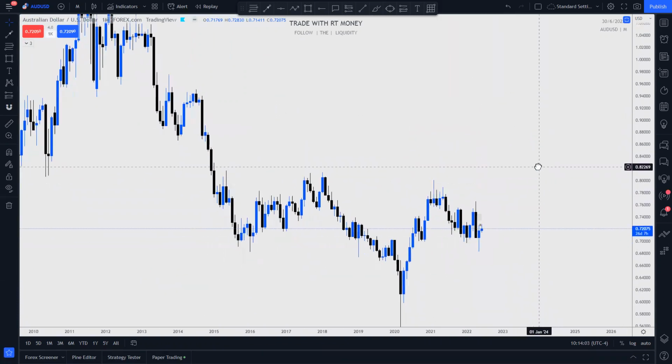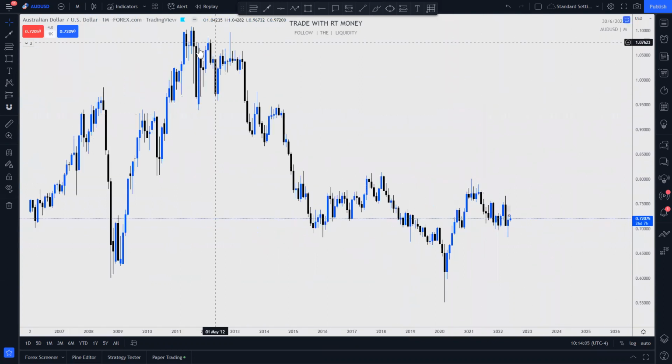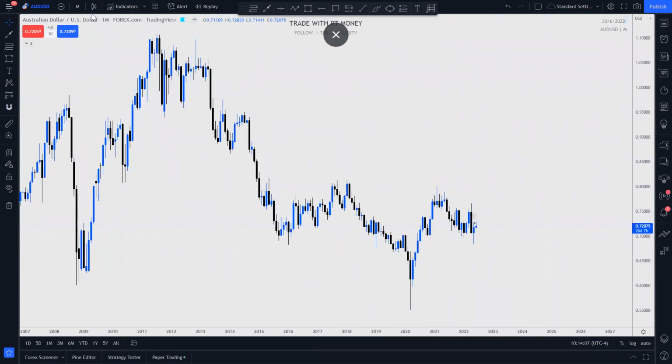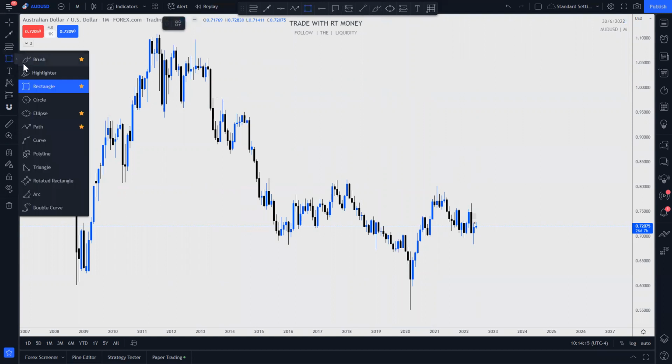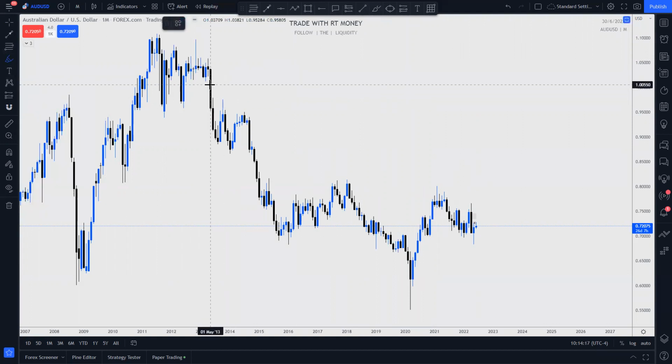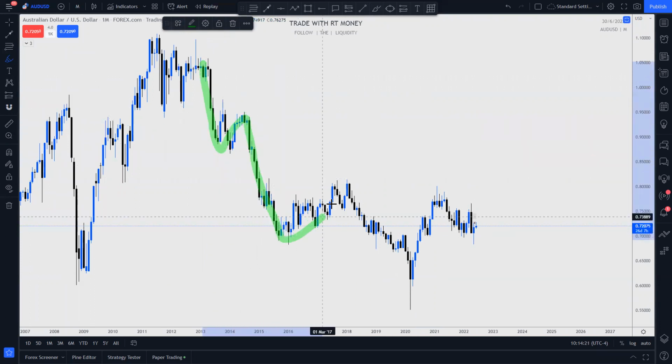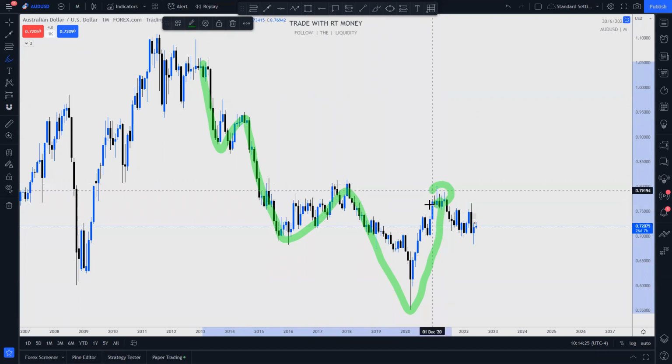Now, if we go to the Aussie dollar monthly time frame, what we can see is bearishness. Lower lows, lower highs, lower low, lower high. I believe the lower high has been established.